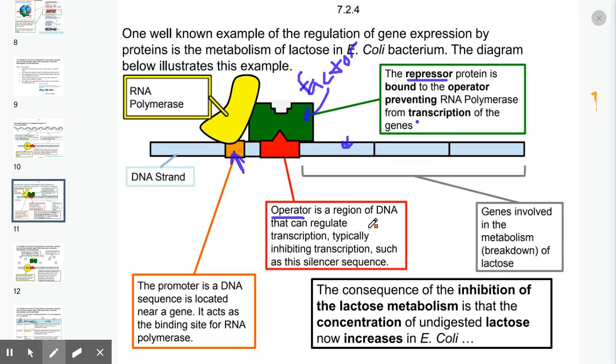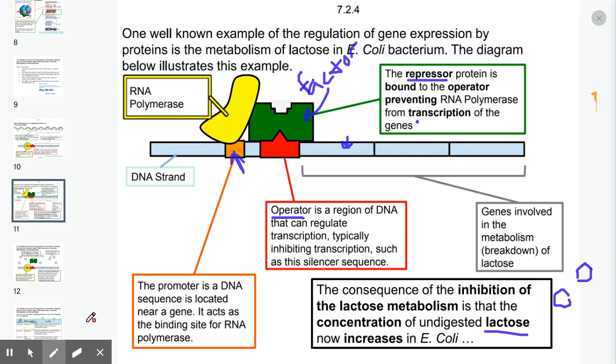So in this example, I want you to think that this gene is the gene that codes for the enzyme lactase. So lactase is an enzyme that breaks down lactose, if you remember, into glucose and galactose. It breaks it down into 2 monosaccharides. But you don't need the enzyme lactase if there's no lactose. Like, why waste your energy making stuff you don't need?